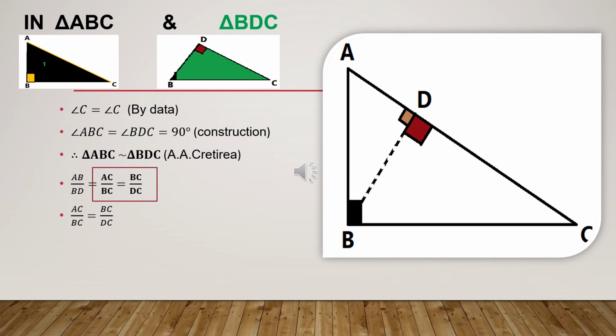By cross multiplication, we get AC into DC is equal to BC into BC. On simplifying, we get AC into DC is equal to BC square. Also, BC square is equal to AC into DC, called as equation 2.